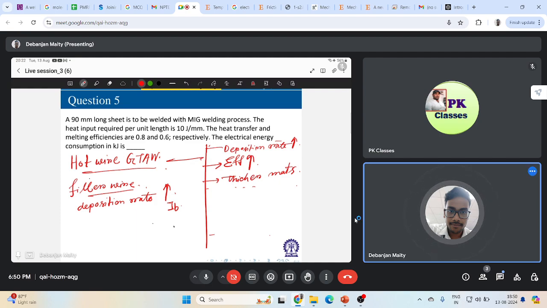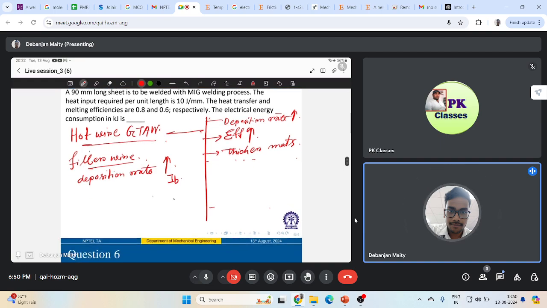And then what next? We have activated flux. This is a special variation of GTAW which enhances the welding process through the use of some kind of activated flux.